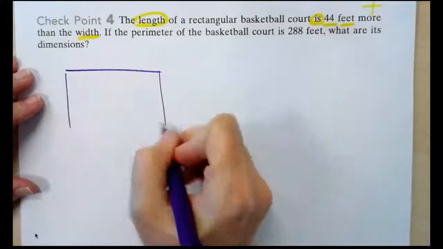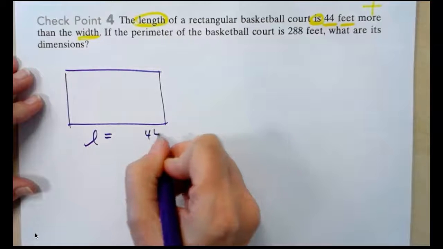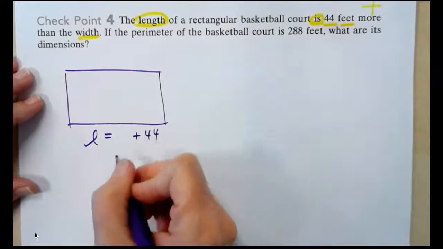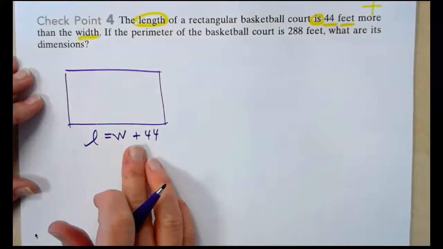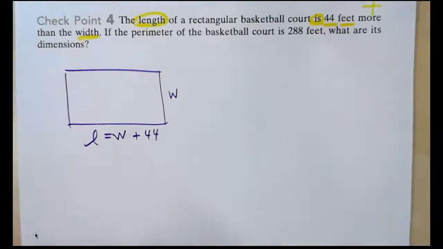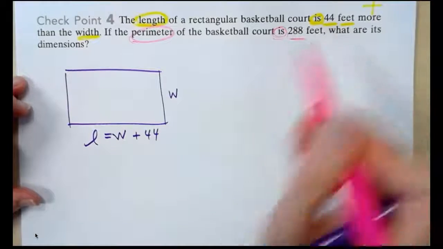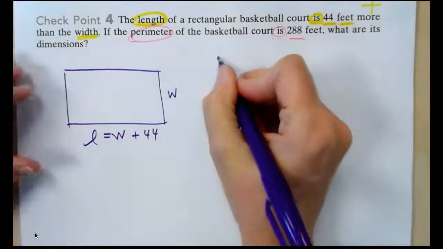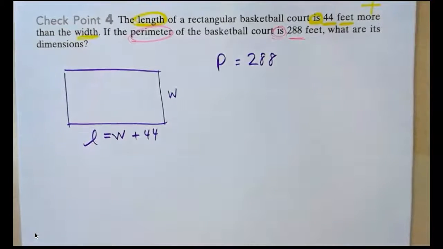I'll also draw us a diagram. Length is 44 feet more than the width. Length is width plus 44. The width is just W. Next, the perimeter is 288 feet. P is 288. That's all the given information that is directly from the words.